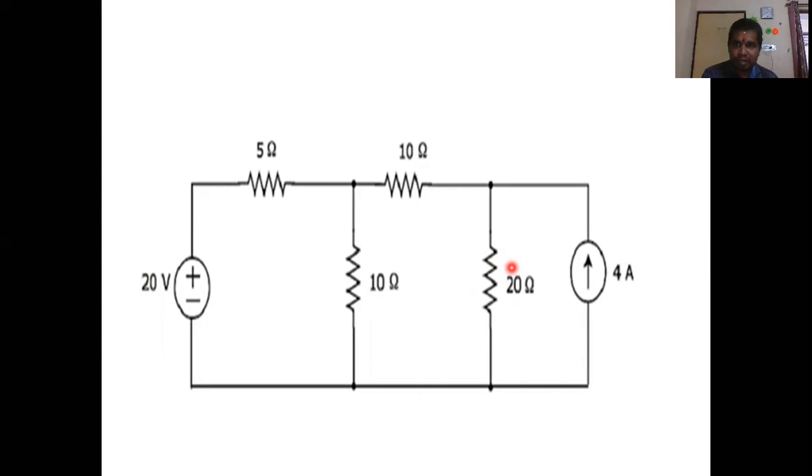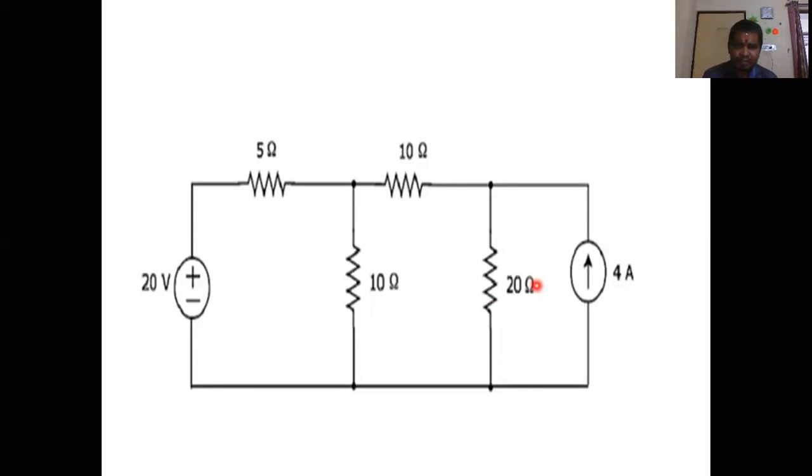So what we have discussed here is the superposition theorem, which says that the sum of the individual responses determined in the circuit is equal to the response obtained when the circuit is solved keeping all the sources simultaneously. Simple concept, nothing more.